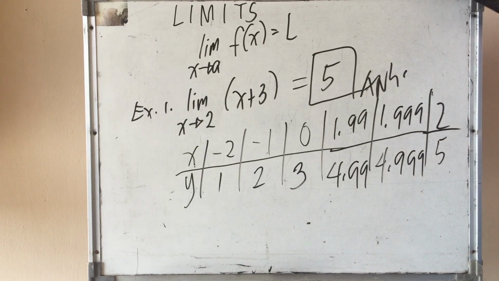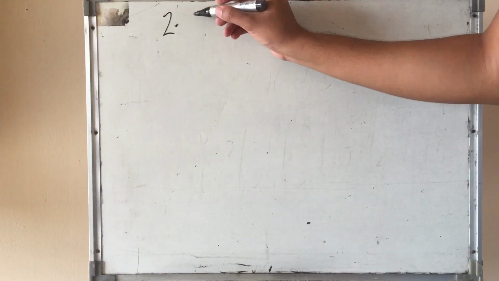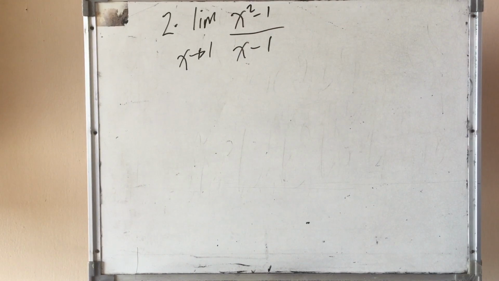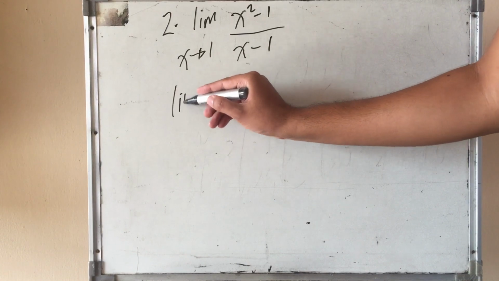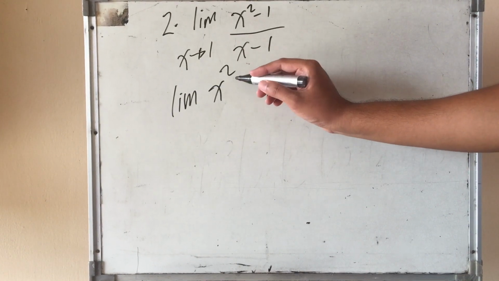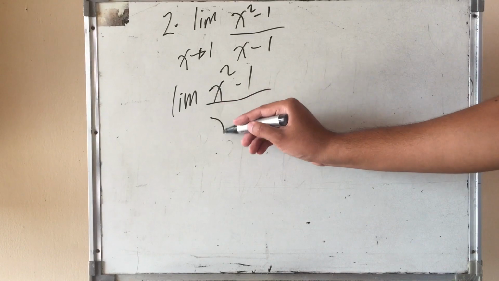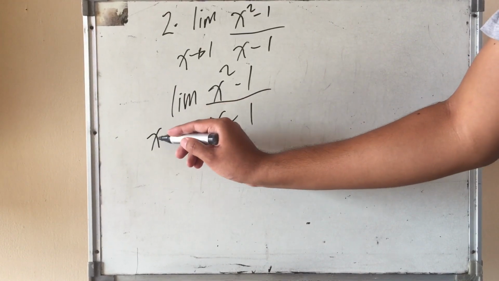Next example. Evaluate the limit of x squared minus 1 over x minus 1 as x approaches 1.